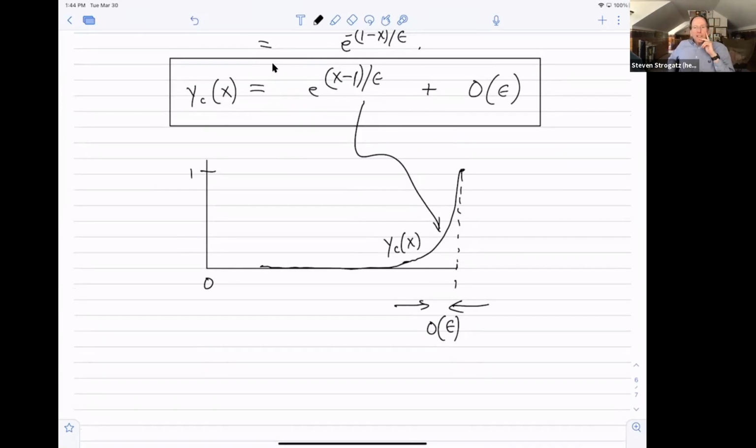But the thing that's funny, you might notice, there's a bunch of funny things in a way. This composite solution is very small. Remember, it's trying to masquerade as something that wants to be identically 0, but it's not actually literally 0. And in fact, this solution does not satisfy the boundary condition at this end. It's supposed to be 0 over here, but it's not.